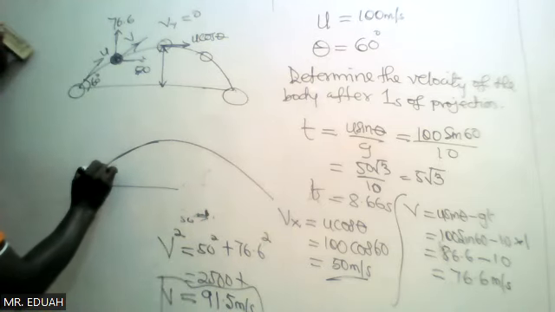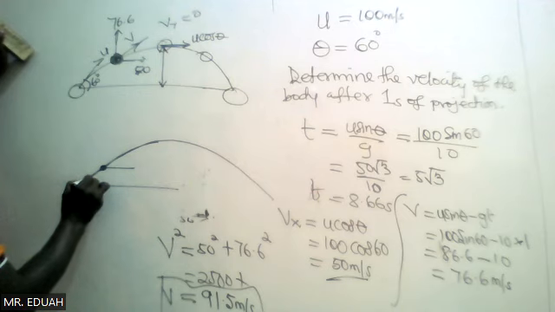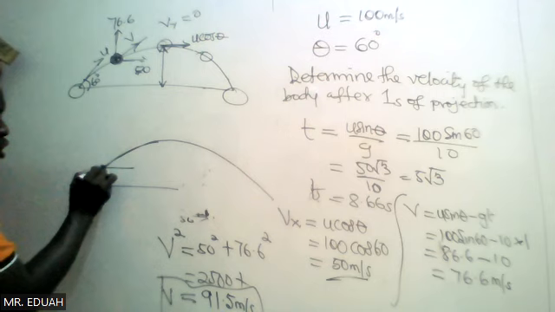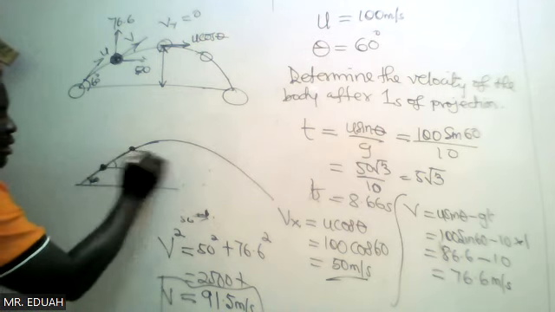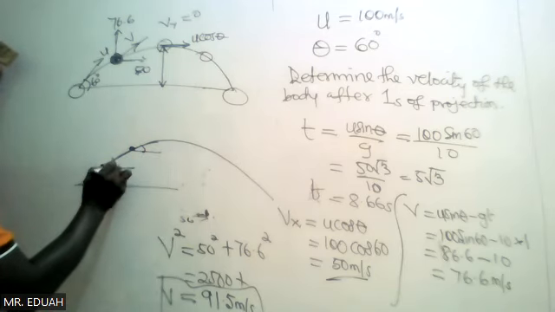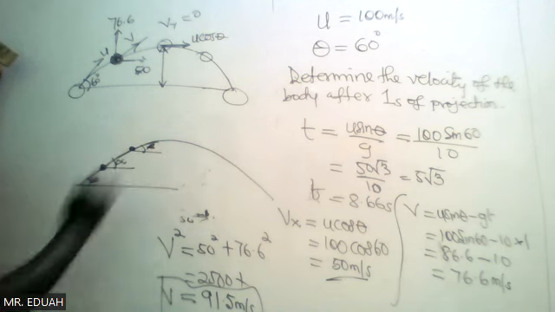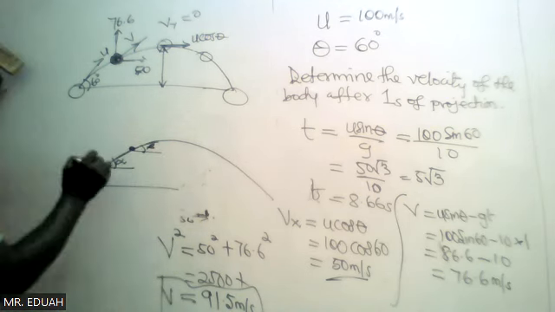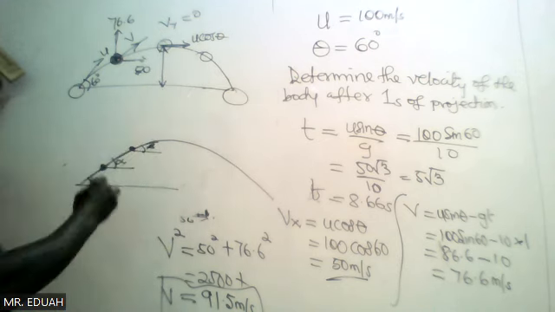If I take any position of the object, here the angle is 60. As the body goes on and on, the angle drops. So the angle here is not the same as what is here, because it isn't just a straight inclined line.